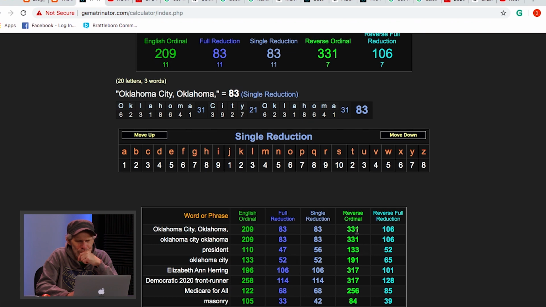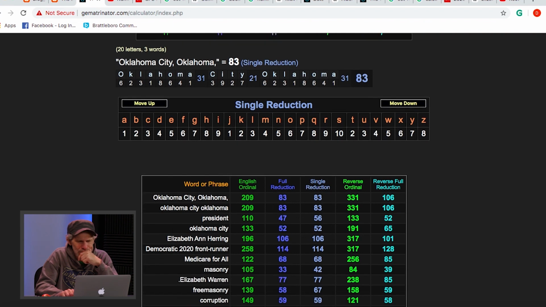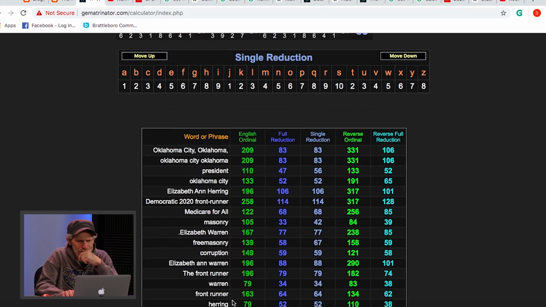President, 133, the reflection thereof. Also 83, Warren, 38. She became Elizabeth Warren, Warren 38. See that? The reflection of 83. Warren's also 83. So Warren, Oklahoma City. Anyway, you get the picture.